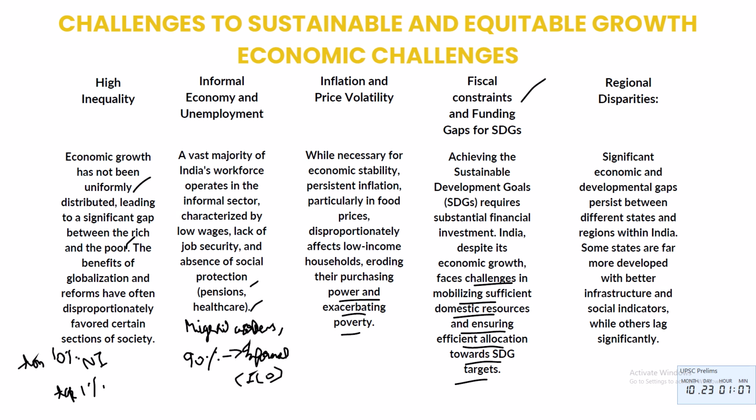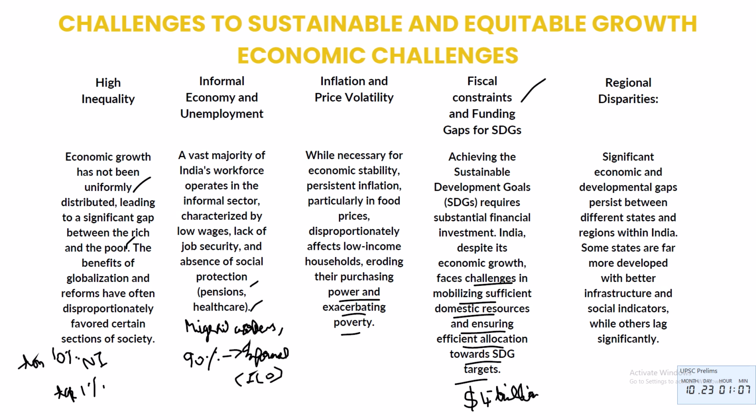These all cause fiscal constraints and funding gaps for SDGs. Reports estimate that around 4 trillion dollars are needed annually to achieve SDGs for developing countries, and India's current spending is very insufficient to bridge this financing gap.